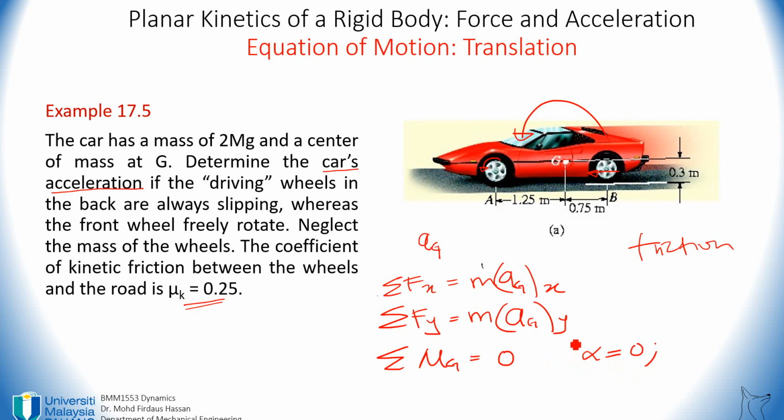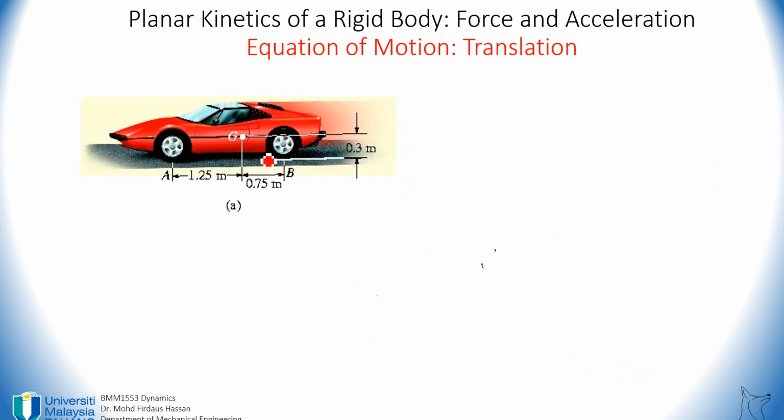Basically, before you solve this problem using these three equations, it is better to draw as you did in statics. You have to draw the FBD, free body diagram, and for dynamic problems you have to draw one more diagram, which is the kinetic diagram, or KD.